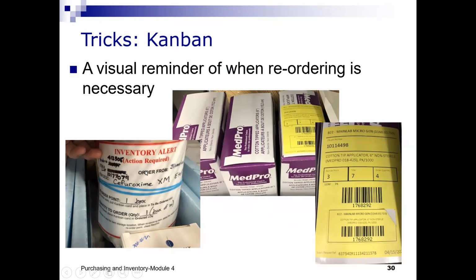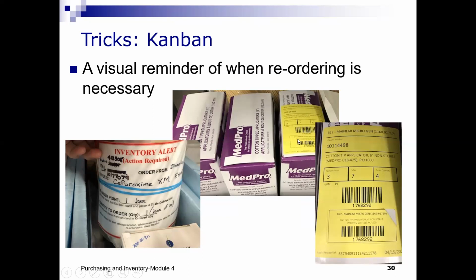Once you're down to the last box, this triggers you to either add this to the list and somebody is going to order it, or perhaps you're individually responsible and you're going to call this company and say, I need to order 1 more box of this. By doing that, you're not going to run out, because you still have the lag time of this box to go through before you run out.